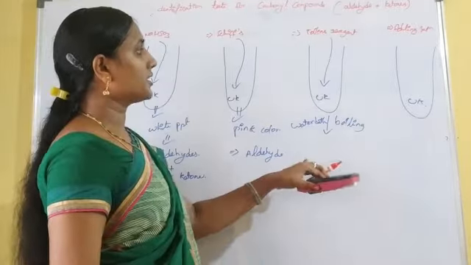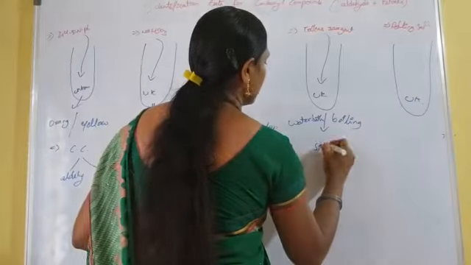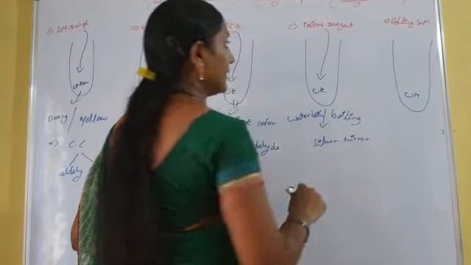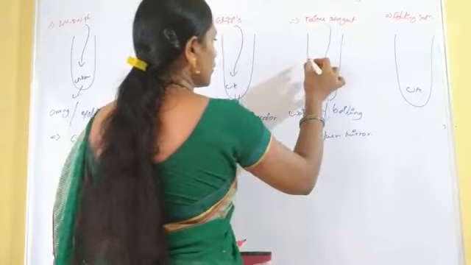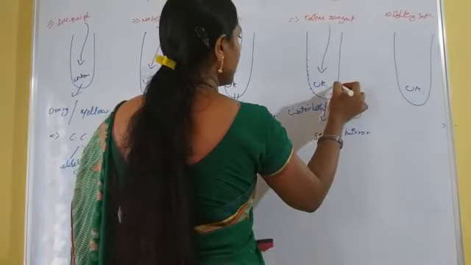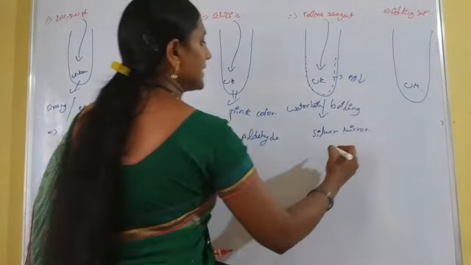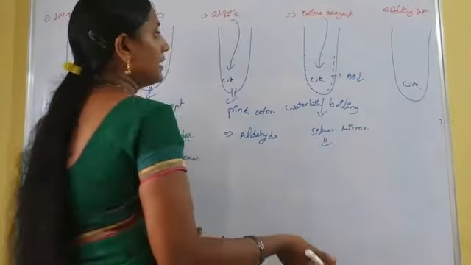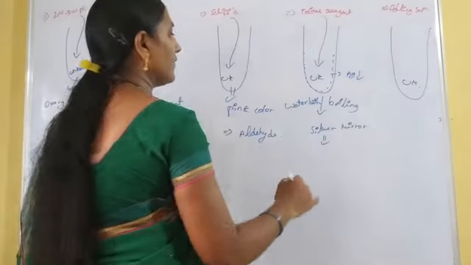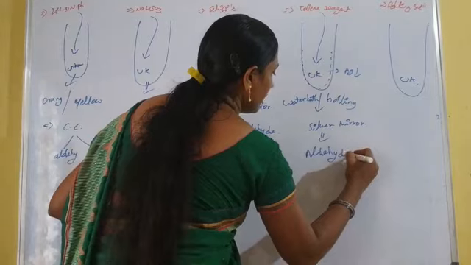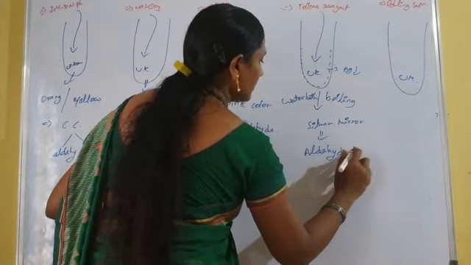After a few minutes we observe a silver mirror on the inner walls of the test tube. That silver mirror indicates the presence of the aldehyde functional group.